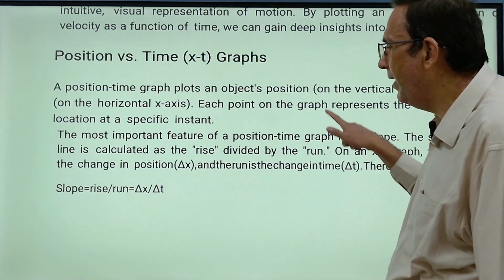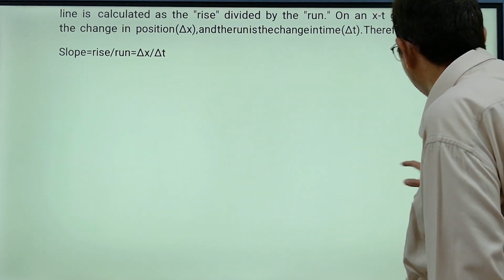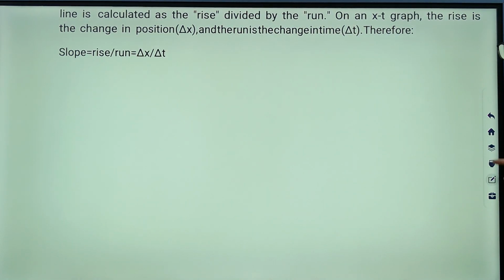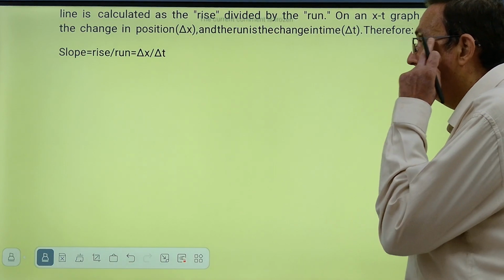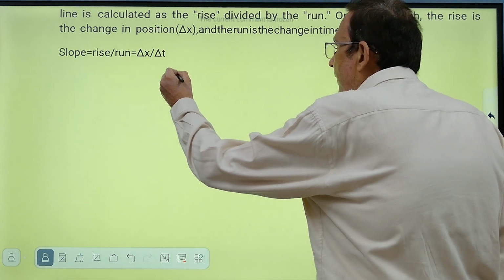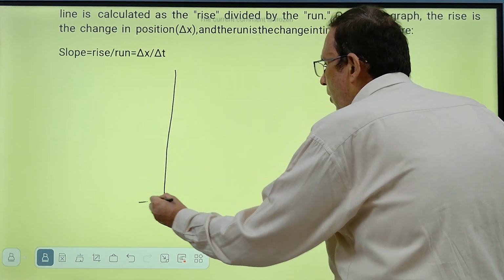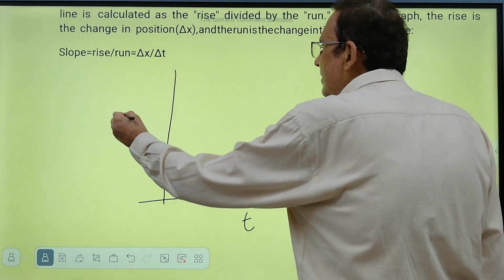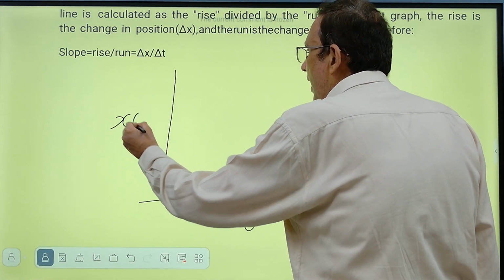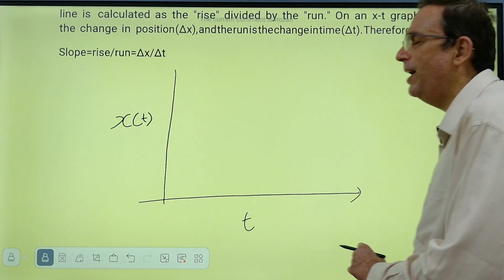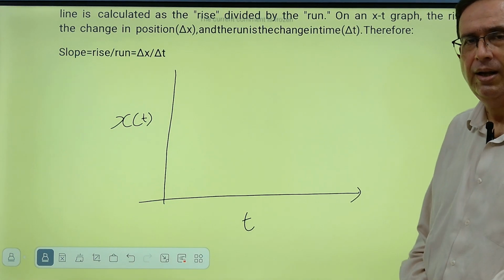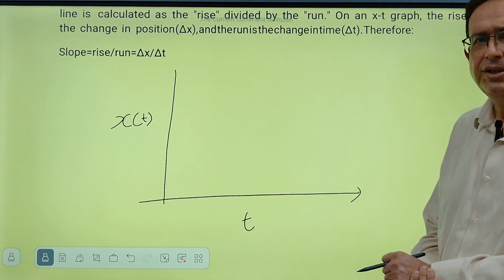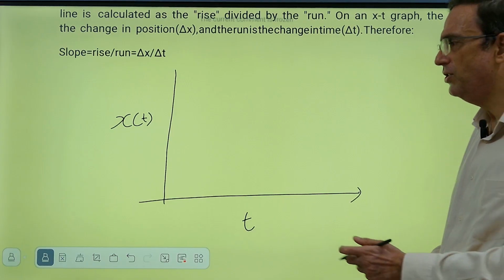So for example, if I draw a position time graph here, as I said, on the x-axis we are plotting time, on the y-axis we are plotting the displacement as a function of time, or the position. So x is the position of an object as a function of time.